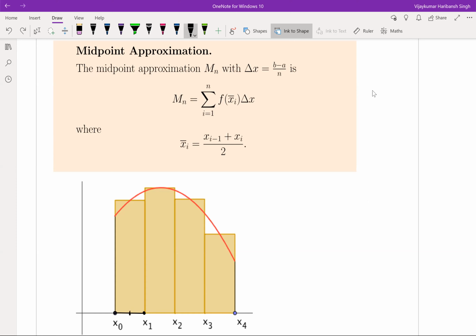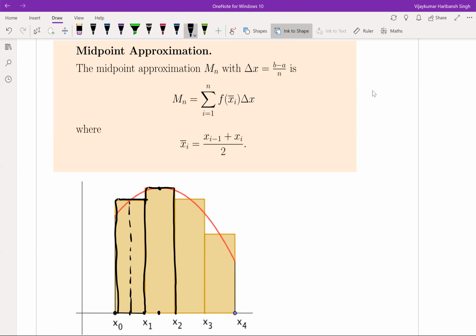As you can see, we have chosen that midpoint for the height, so we get a rectangle like that. Similarly, for this one also, we chose the midpoint that gives us the height of the rectangle, and the width is already given to you. And you add all of them.